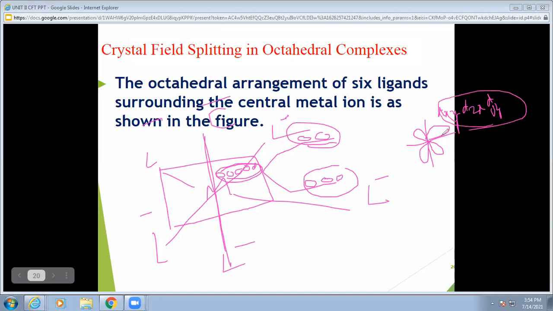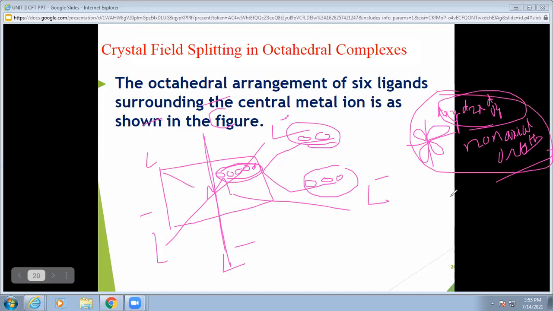Non-axial means these orbitals are not on the axis. They lie in between the axes. That's why they are called non-axial orbitals.